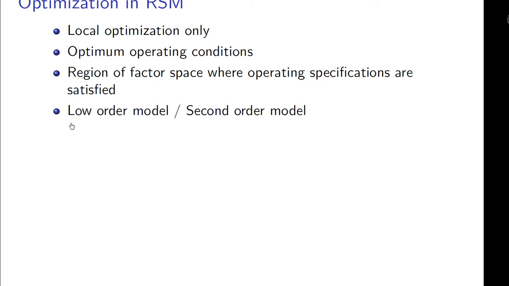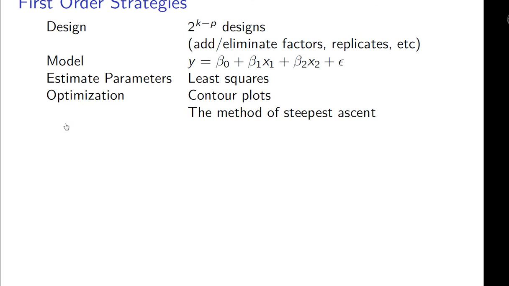We need to know roughly the region we want to get to. We may not know the exact values, but if we're far away, we need to have a systematic way of getting to that region of interest. So typically we have a low order model, a first order, or more often than not a second order model as an approximation to what might be something more complex.